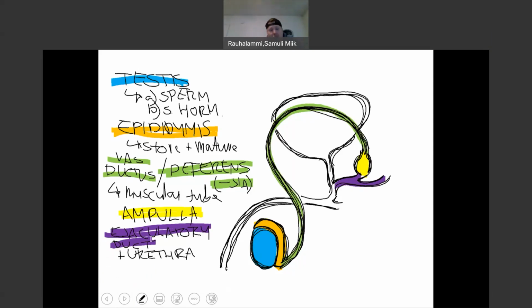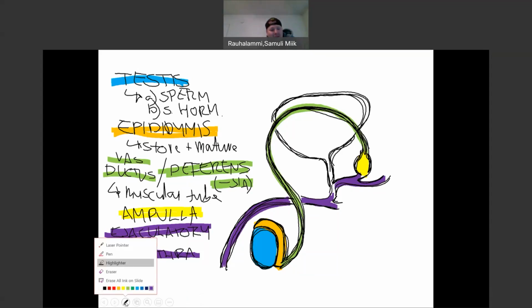Once the secretions and the sperm have to share this duct system with the urinary system, we start talking about the urethra. So urethra is the part of the duct system that's shared by both of these systems. And one of the things that we'll end up noticing is that men do often get a need to urinate after intercourse. So that would be one of the things that we see taking place there.